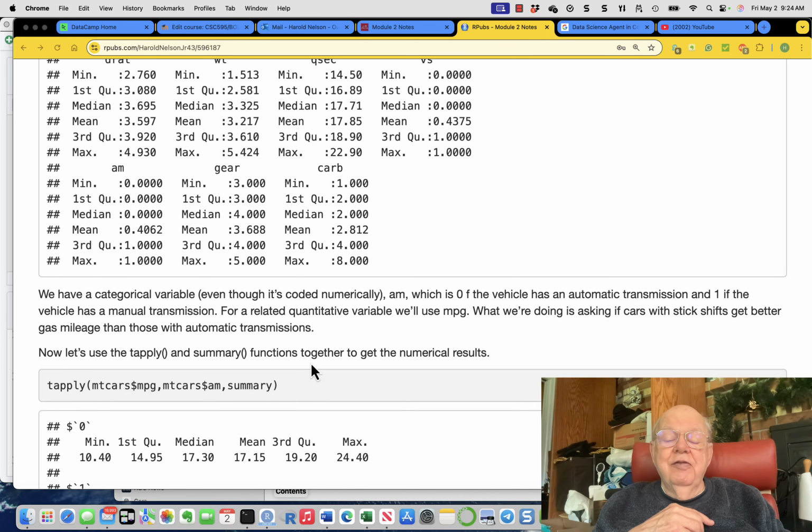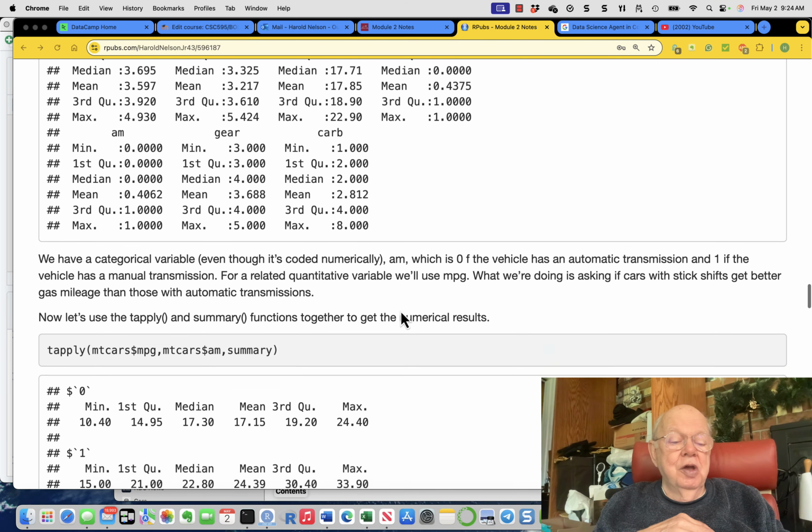And for the quantitative variable, we use mpg. So what I'm looking for is whether there is a causal relationship between the type of transmission and the level of gas mileage that you get.